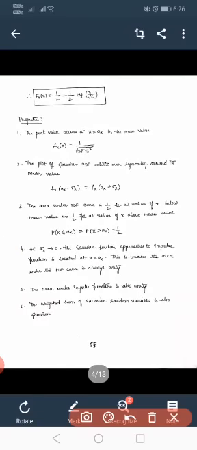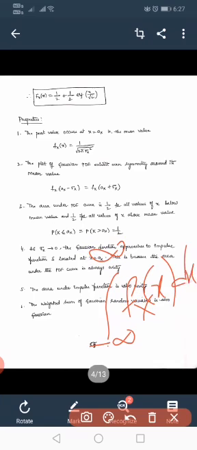Next one is, area under the PDF curve is 1 by 2 for all values of x below the mean value and 1 by 2 for all values of x above the mean value. From the probability density function properties, we know that the area under the PDF curve, integral minus infinity to infinity fx of x dx, equal to 1. This is one of the properties of the probability density function curve.